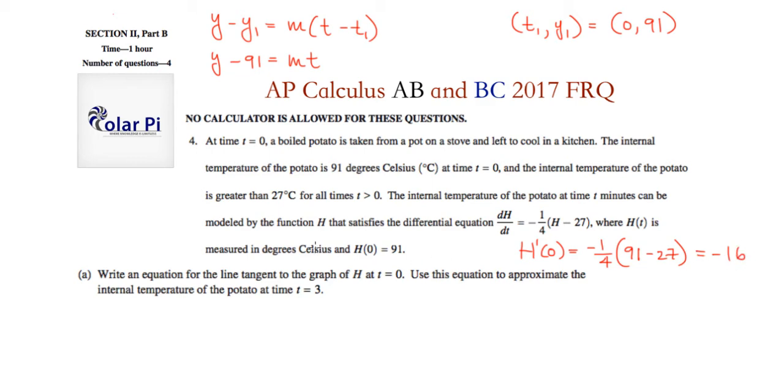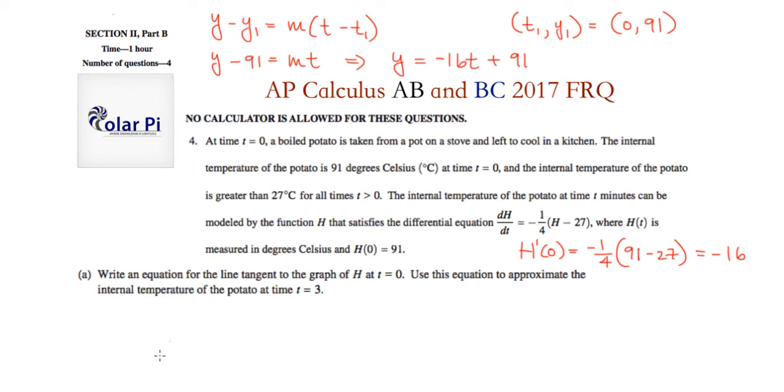So we have that y is equal to negative 16 times t, m times t, and then plus 91. All I've done is add 91 to both sides of this equation.